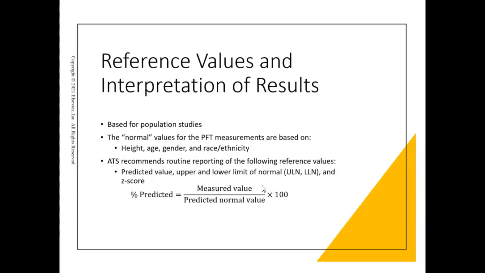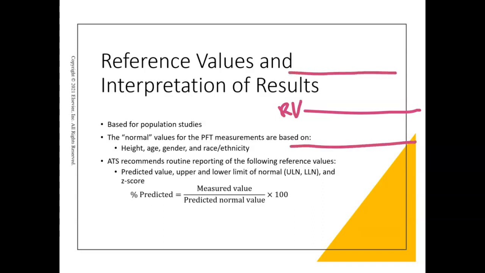I know you guys really loved those, but let me draw this out for a second. If this is my average right there, that would be my predicted value, PV. Let's say my range is from here to here. So this is my upper limit of normal, and this is my lower limit of normal.